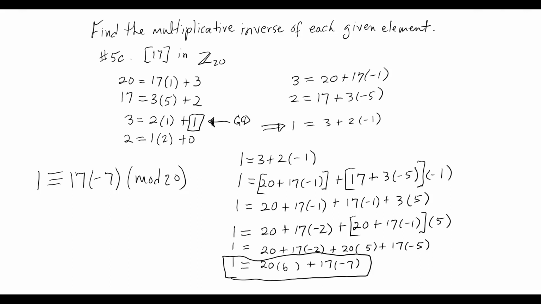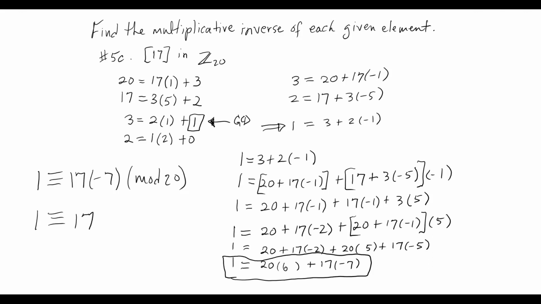Our only problem here is that negative 7 is not one of the elements in Z20. We have to write it as a number between 0 and 19. We can figure out a number that's congruent to negative 7 in Z20 by adding or subtracting multiples of 20.